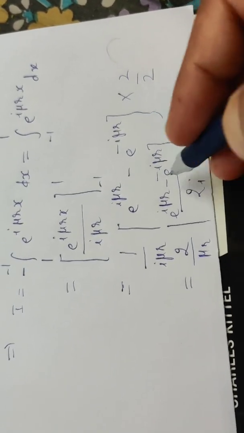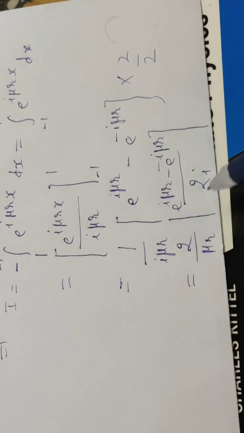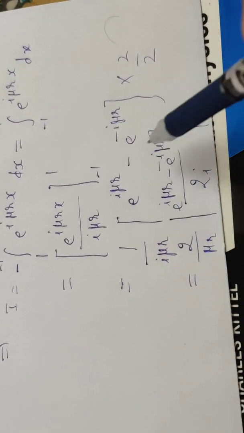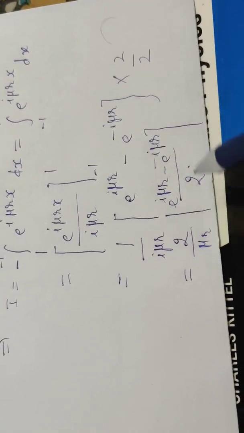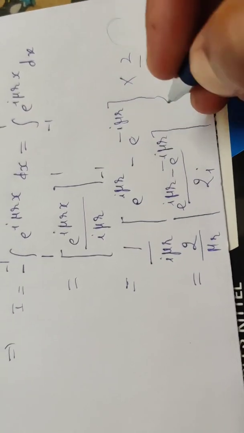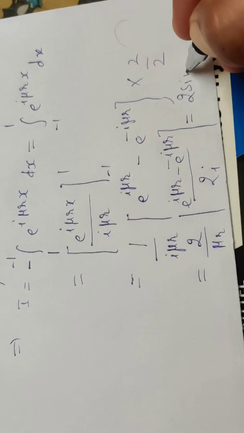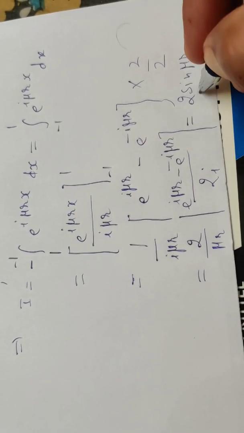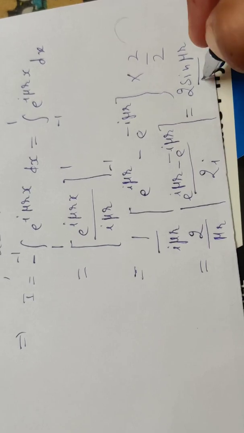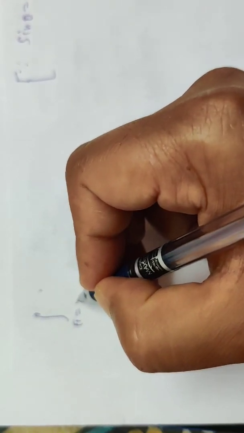This is nothing but your sine mu r in terms of exponential function. I hope you know that. Or this is from your de Moivre's theorem. So this will be 2 sine mu r upon 2 mu r. So therefore I have calculated the value of this integral.